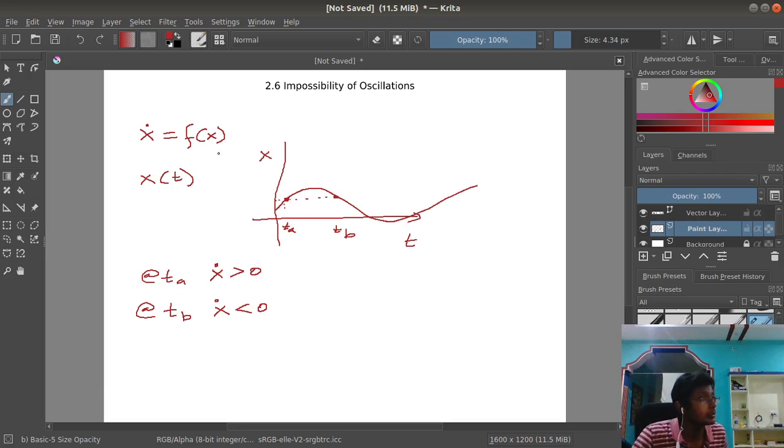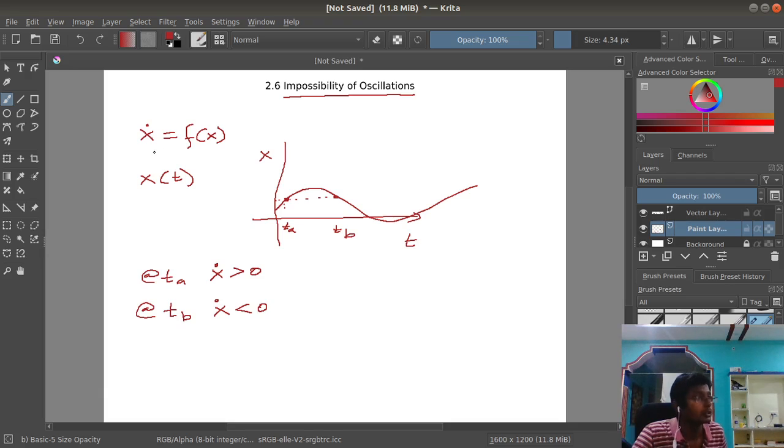So for an autonomous system, we can't have two different x dot values for the same x value, and therefore it is impossible to have oscillation for this sort of system.